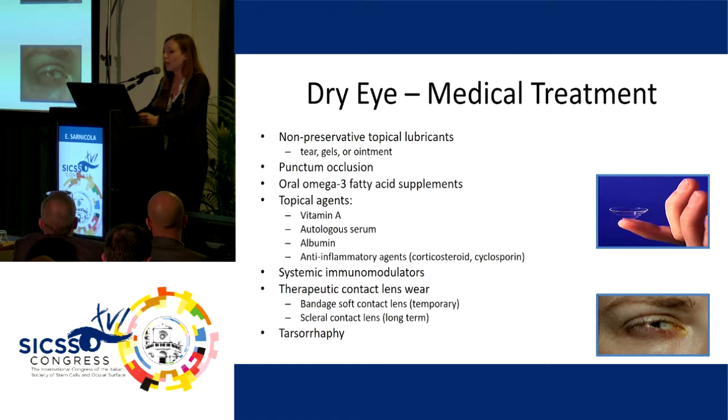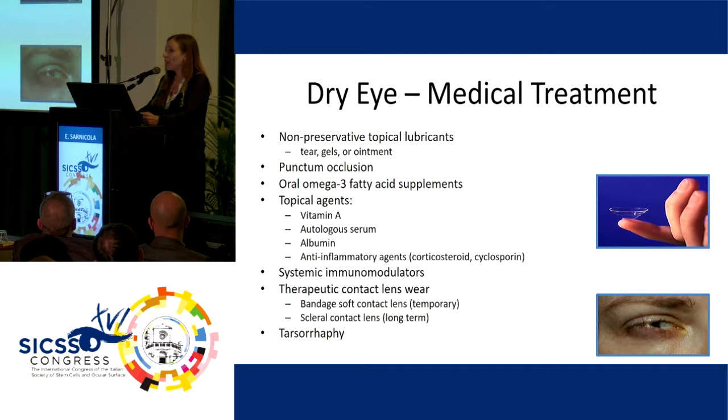And then talking about the dry eye, so artificial tears with no preservatives, punctal plugs, and what is really important is topical steroid eye drops and cyclosporine, especially in cases deriving from autoimmune conditions.